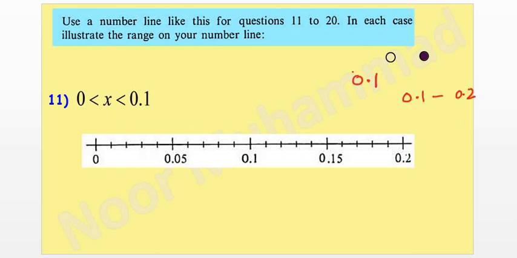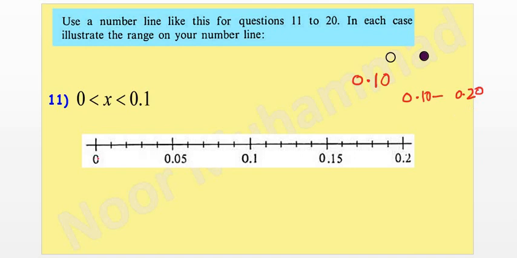In this case, we are going to make this one 0.10, and this one 0.20. The places between these two, you can cut into 10 equal pieces.